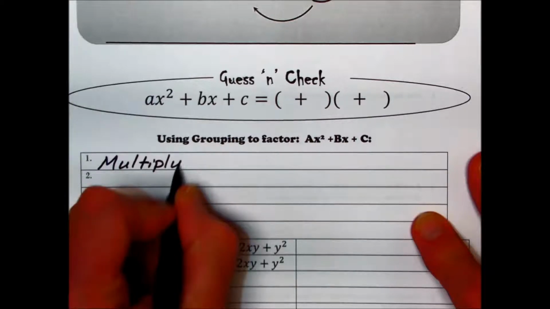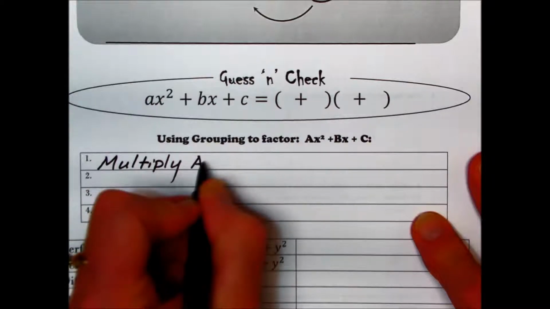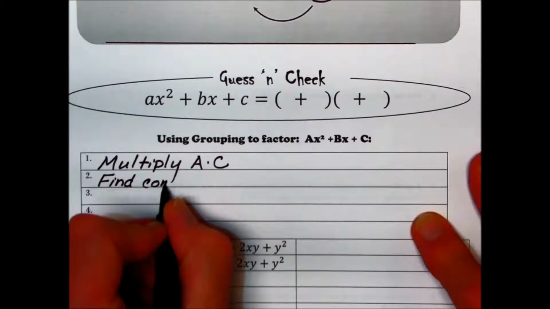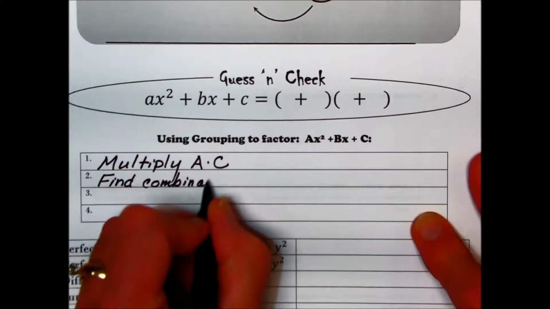When we have a trinomial of the form ax squared plus bx plus c, and we're going to use the grouping method to factor, the first step is to multiply the a coefficient from your highest power and your constant term, so a times c.